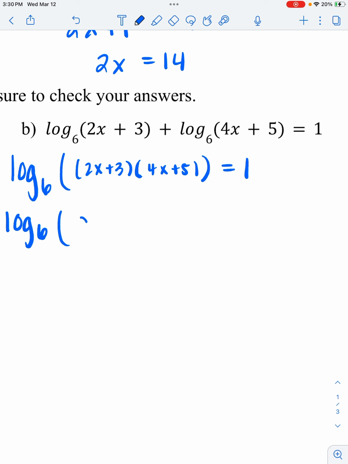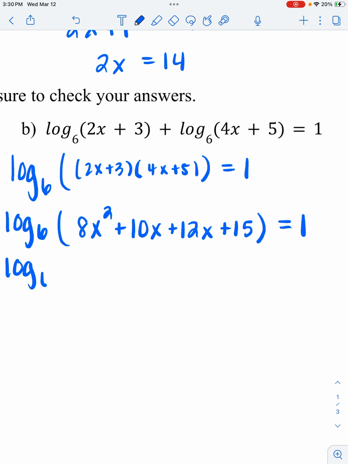So this ends up being 8x squared plus 10x plus 12x plus 15, still equal to 1. That is what you get if you multiply it using the box or if you FOIL it. I'm simplifying it down a little bit. 8x squared plus 22x plus 15 equals 1.